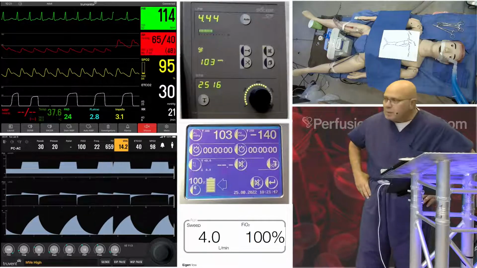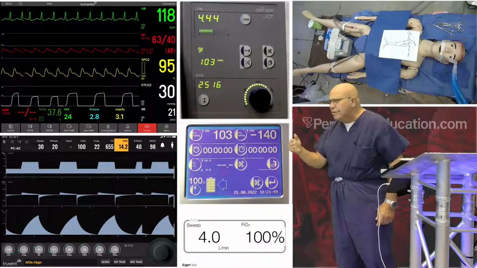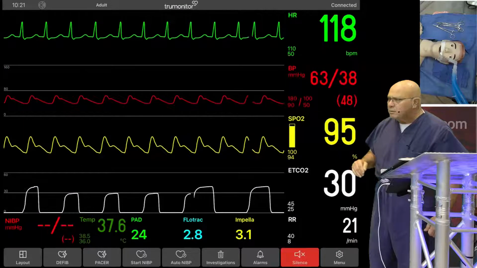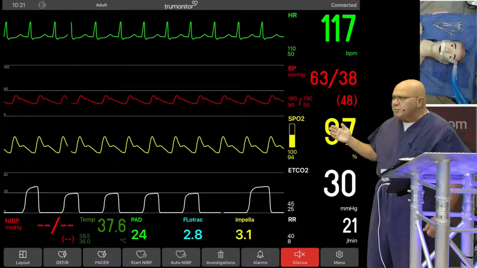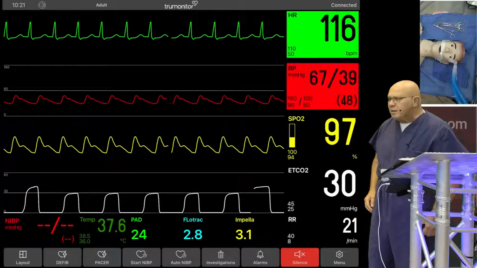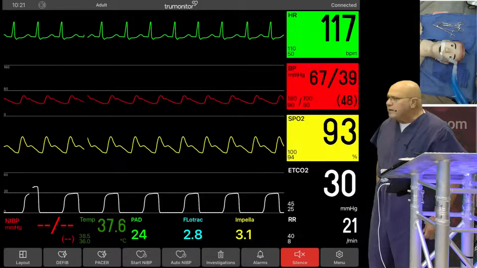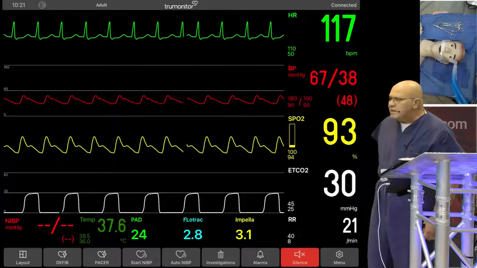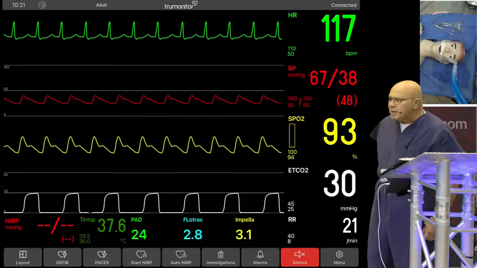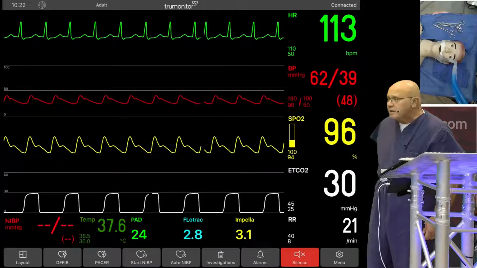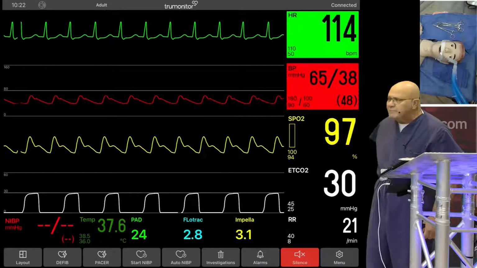So this is our presentation of the patient. Go large on the monitor, if you will. This is our initial presentation of the patient when ECMO was started. He's tachycardic with SVT. His blood pressure is pulsatile, so his LV is ejecting something, 62/39.